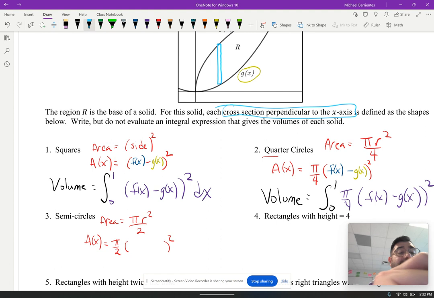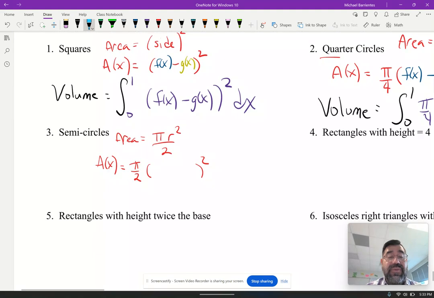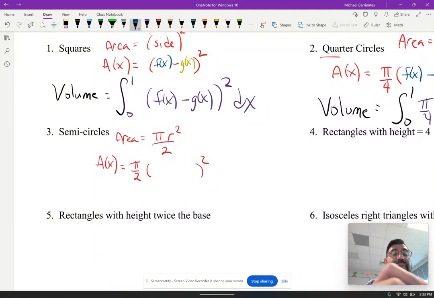Then the semicircle is going to look like this, right? This length is not the radius anymore. This length is the diameter. So I'm going to have to say f of x minus g of x, which is the full length, but then inside of my squaring, I need to divide that by 2.